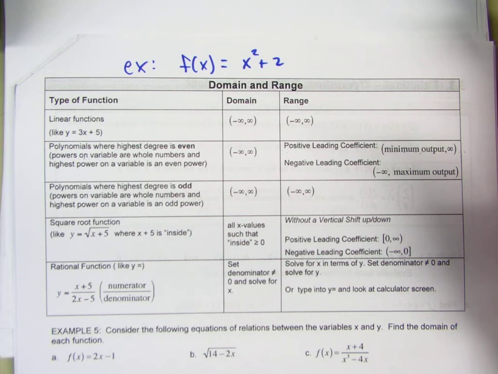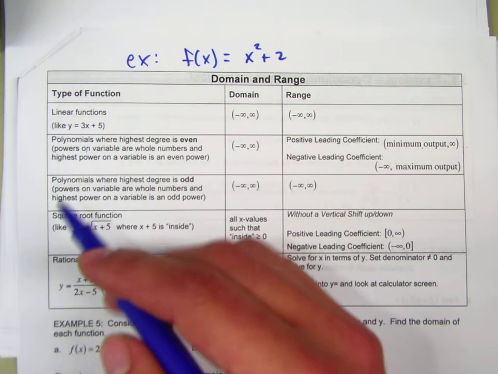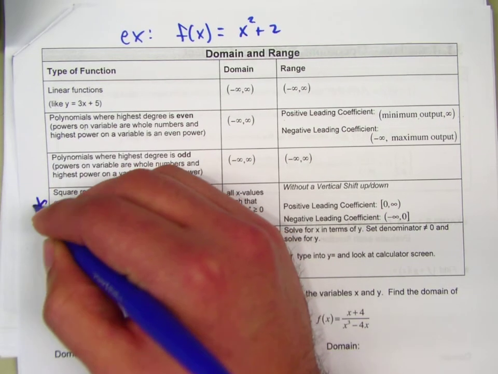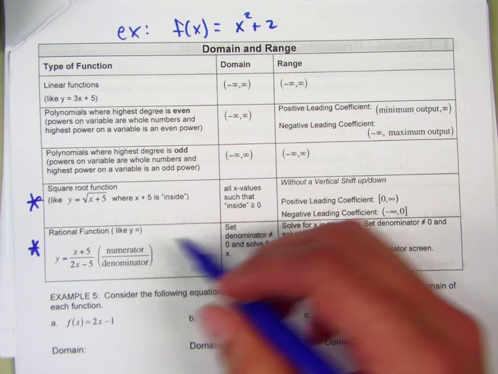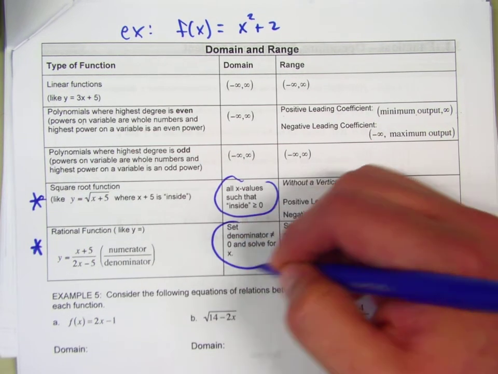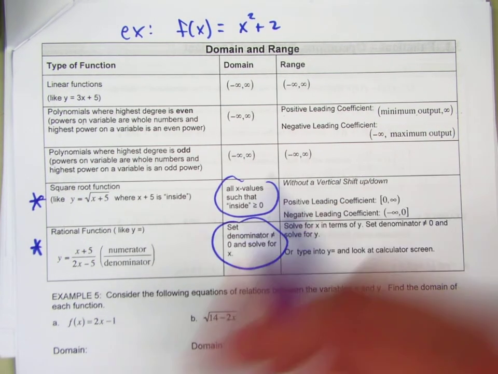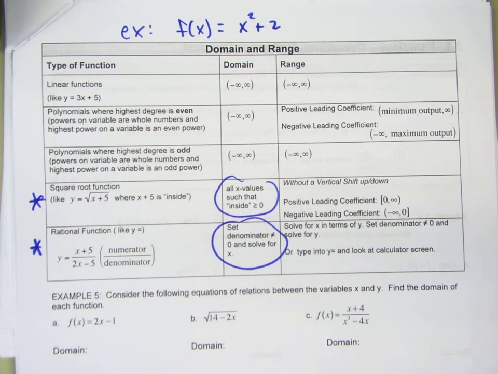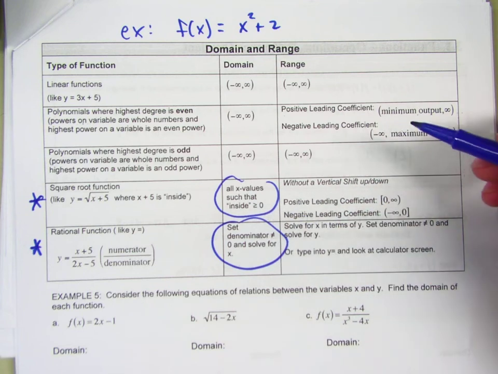Also, you cannot square root what? Negative numbers, right? So, those are right here. These are the only two cases where the domain is something different than all real numbers.